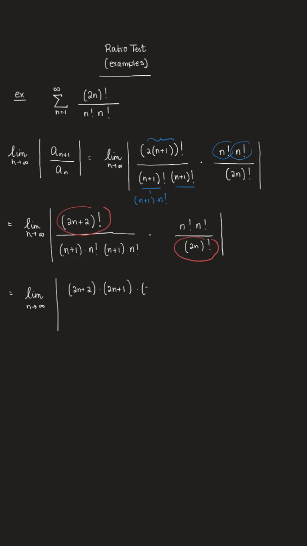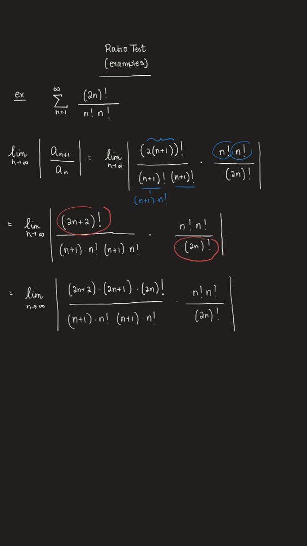The next term is 2n, that's 1 less, but I'm going to write that as (2n)! to take into account that I will multiply all the way down to 1. And then in this denominator, I've got n plus 1 times n!, n plus 1 times n!, over (2n)!. And now I can cancel.